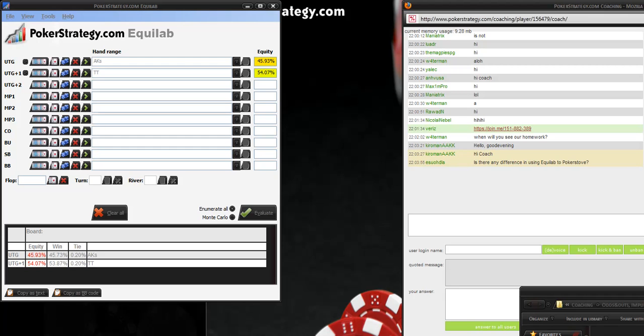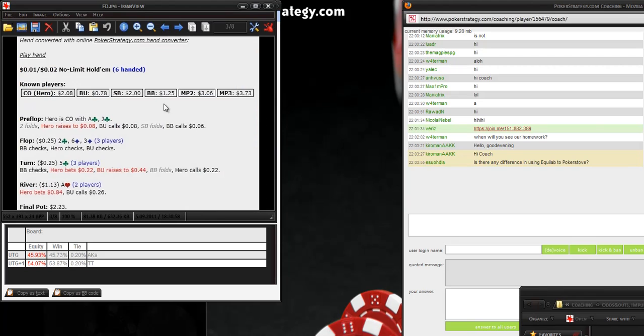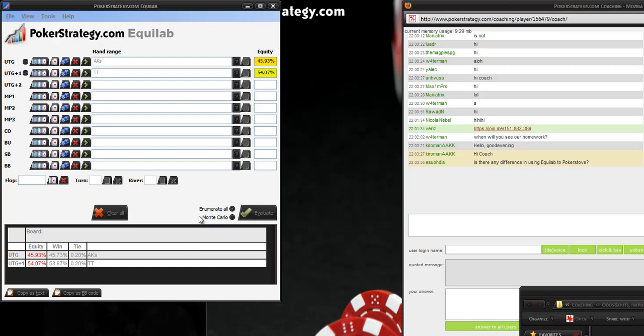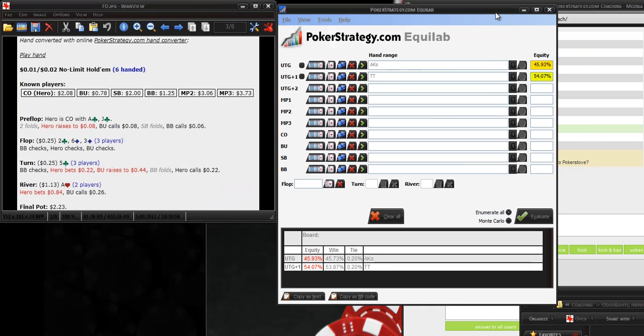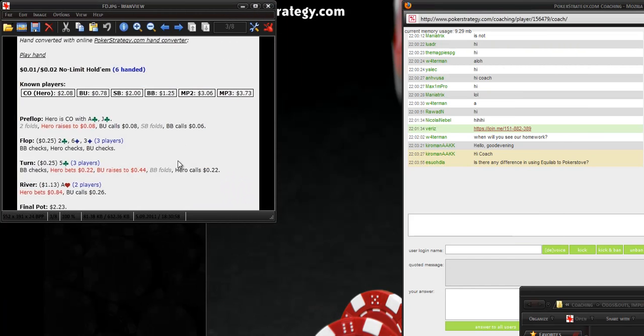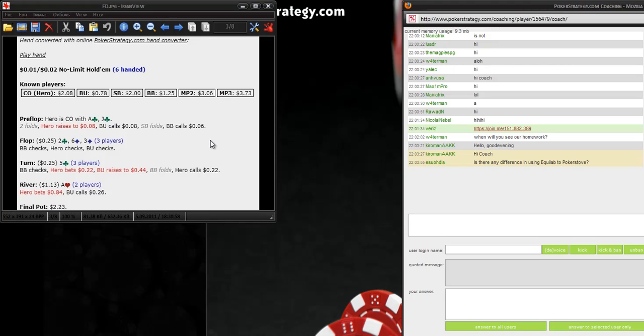But the first thing which I wanted to show you is a hand where we have actually a decent play from the villain, and a pretty standard one. Now the question is, do we get the implied odds, or do we even get the odds on the turn, and what do you guys think of that?